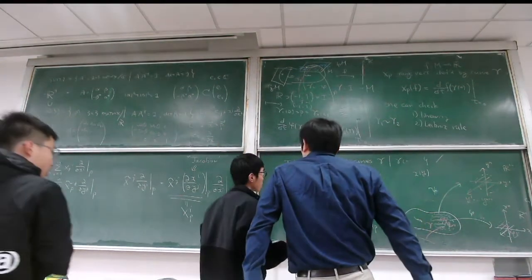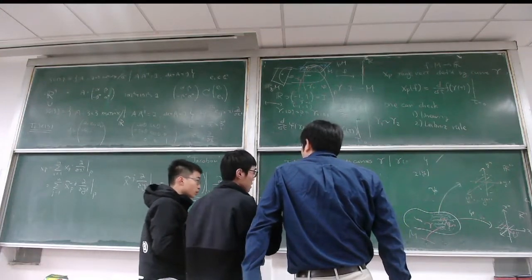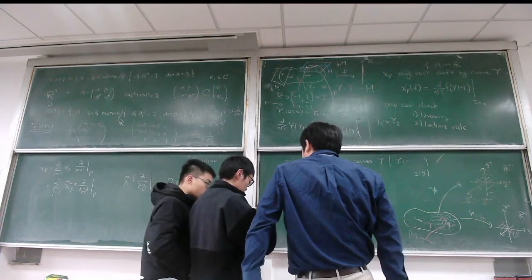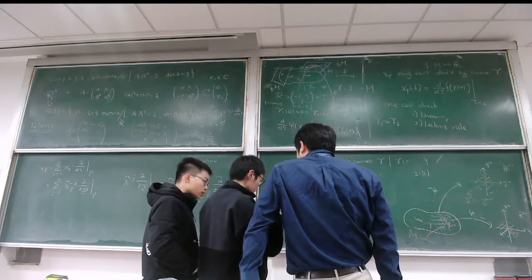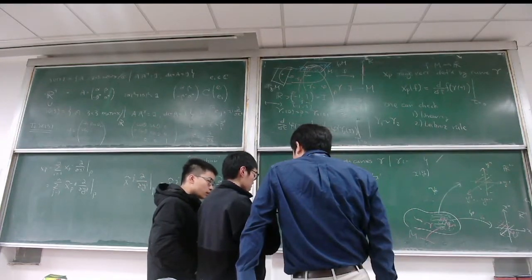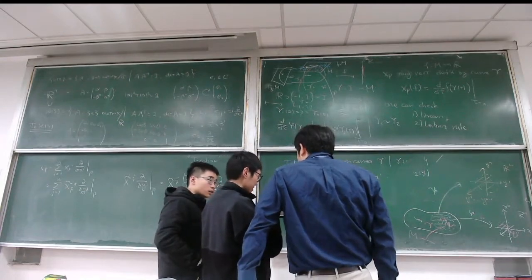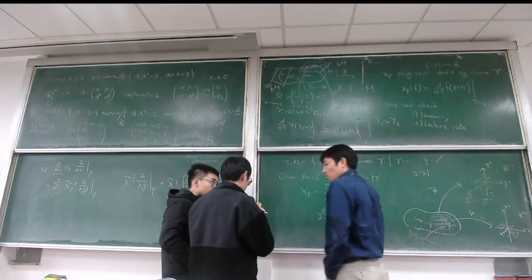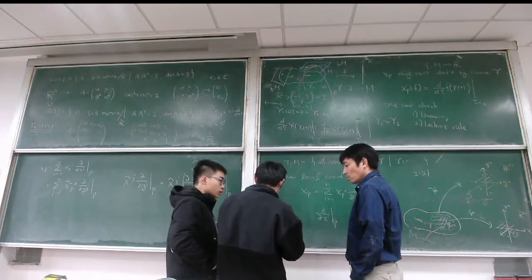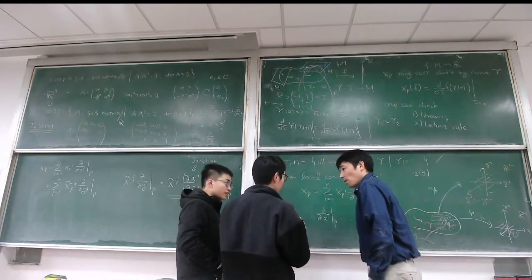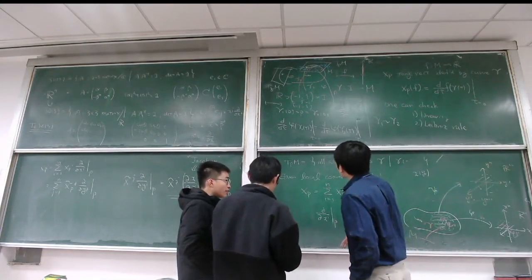I understand why Magnus Strip is gamma curve. Yeah, Magnus Strip is defined by gamma. I'm sorry?